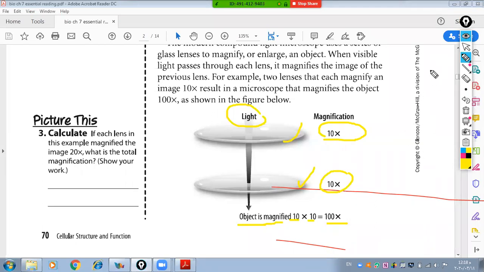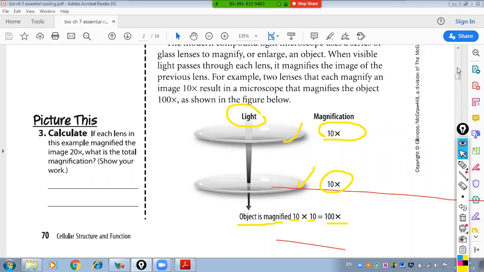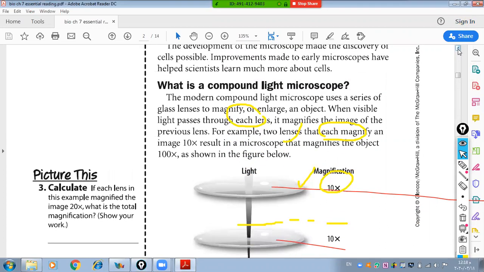But for this magnification, what is the maximum magnification we can have from a light microscope? It is 1000.